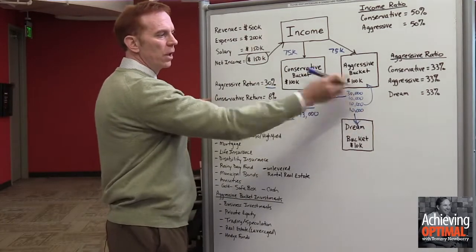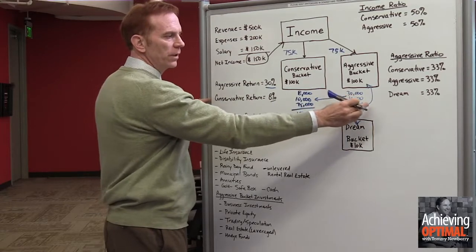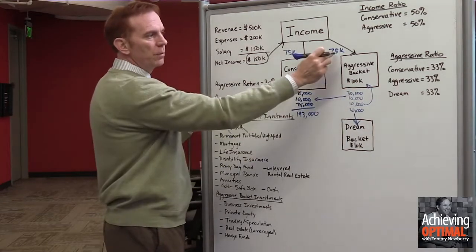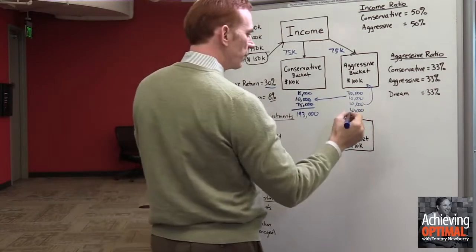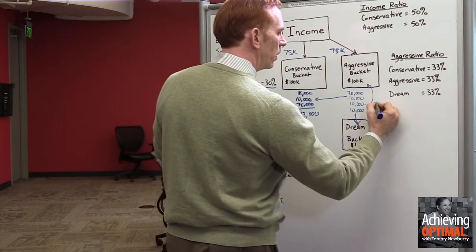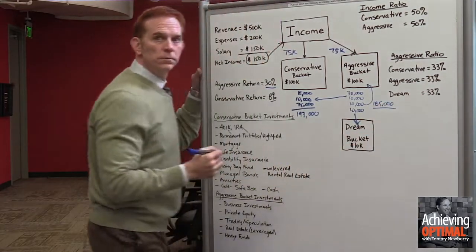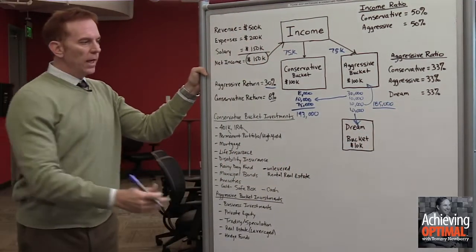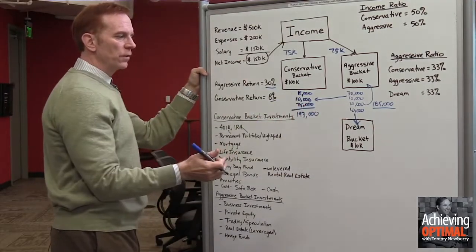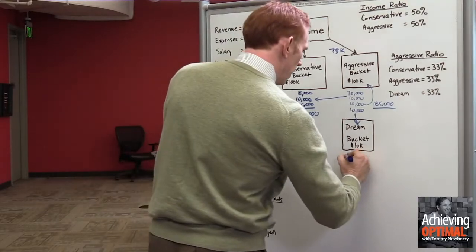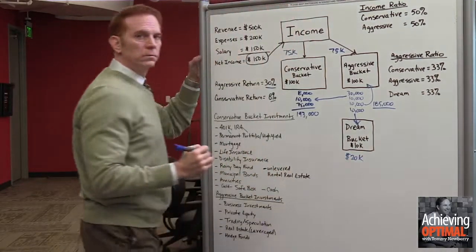Our aggressive bucket had $100,000 in it. We made $30,000 in which we reinvested $10,000, and we picked up another $75,000 from our income. So our aggressive bucket now has a balance of $185,000. And our dream bucket, which had $10,000 in it, got a $10,000 allocation from the aggressive bucket, so it now has a balance of $20,000.